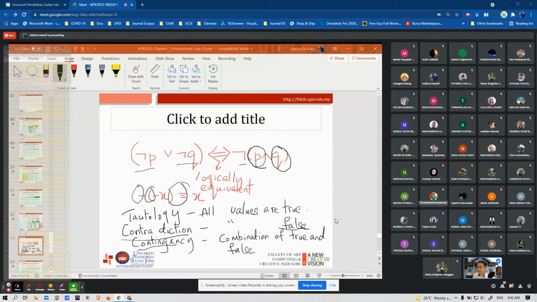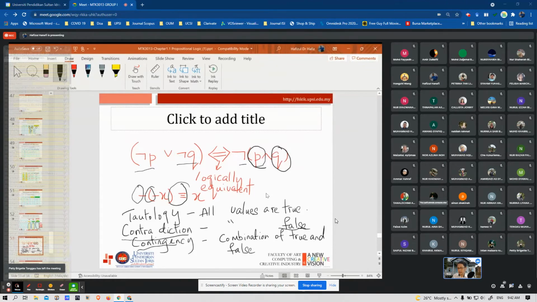A contingent proposition is neither necessarily true nor necessarily false. It is a combination of true and false.